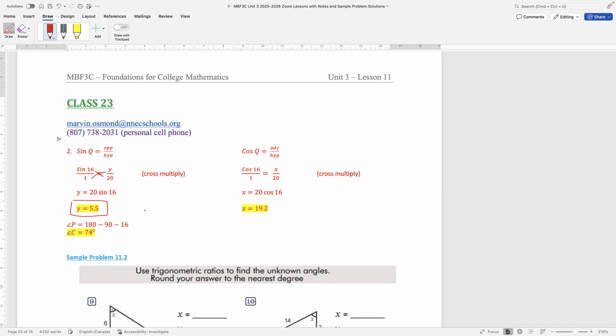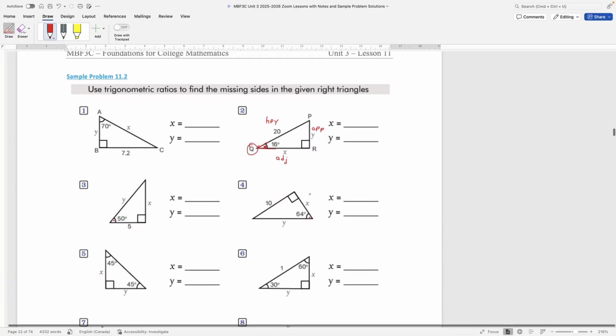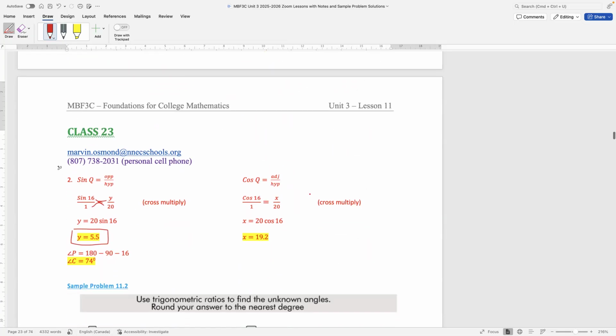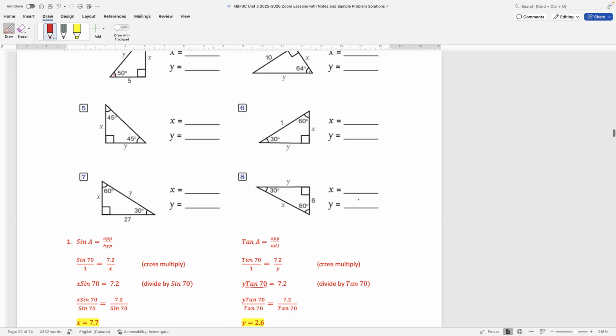The angle P, which is the angle that we don't know, we weren't asked to find it. So what we found is y is 5.5.